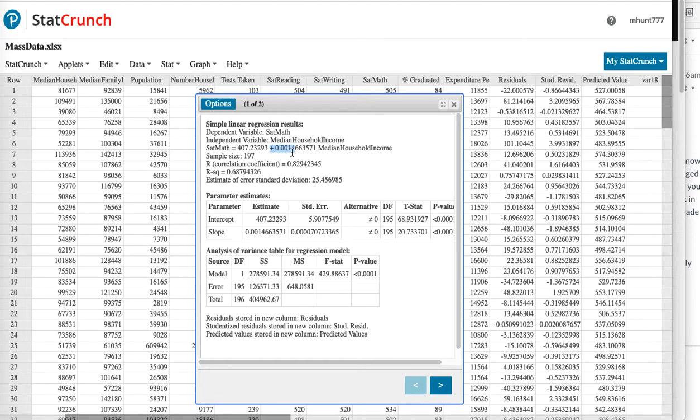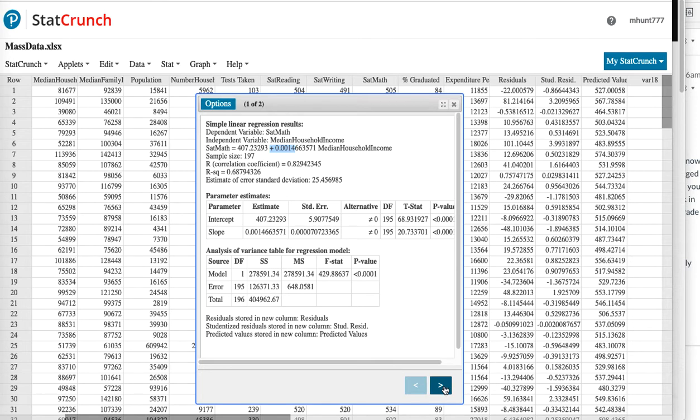And moving that decimal point, it would become a 15. So an increase in median household income of $10,000 would have an impact of increasing the math SAT score by around 15 points.